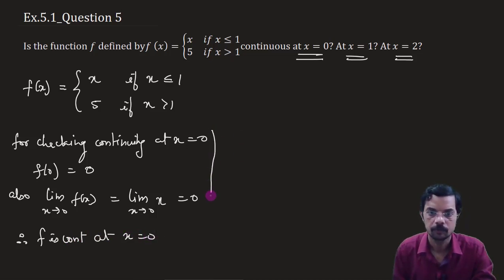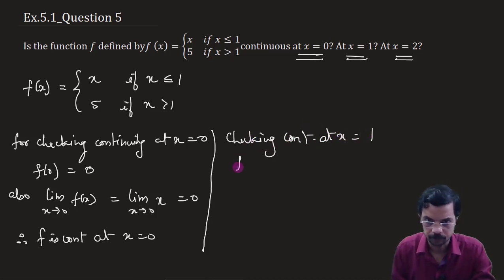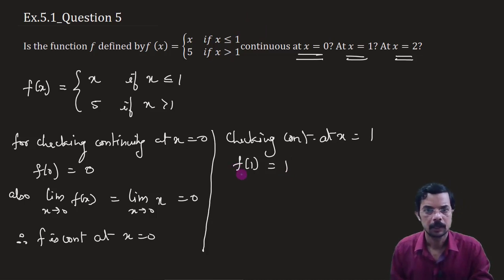Okay, now we shall check the continuity at x equal to 1. So for that, f of 1, what is f of 1? f of 1 is equal to 1. Okay, again the same function works. But at 1 the left limit and the right limit are different.